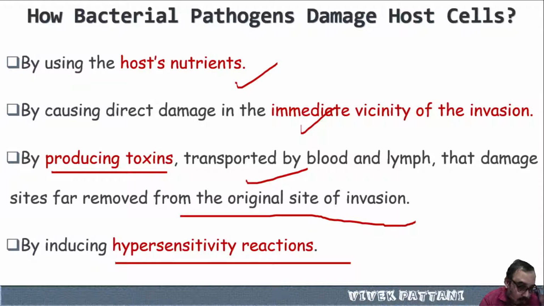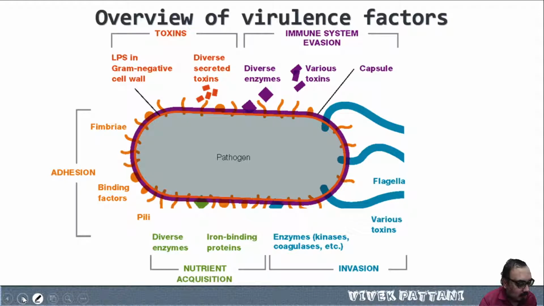Virulence factors such as enzymes, antiphagocytic factors, biofilms, how inflammation occurs, as well as intracellular survival. So this is just an overview of the virulence factors which a pathogen may have.